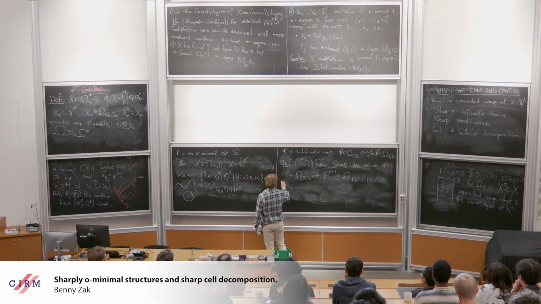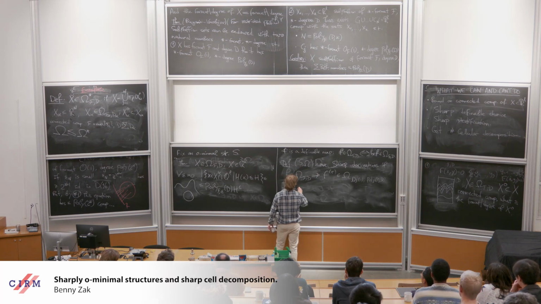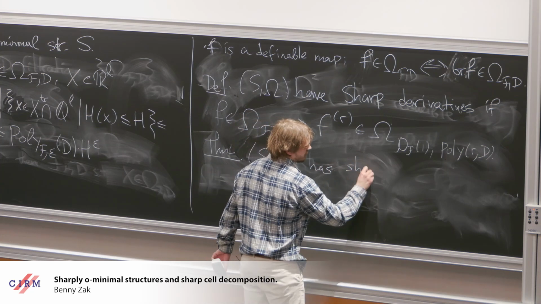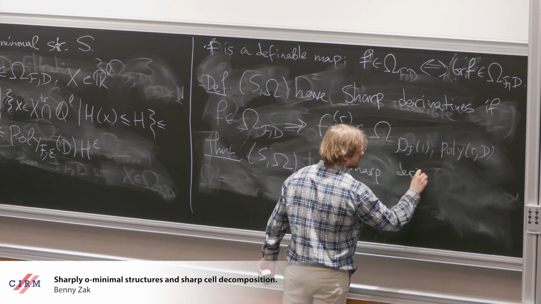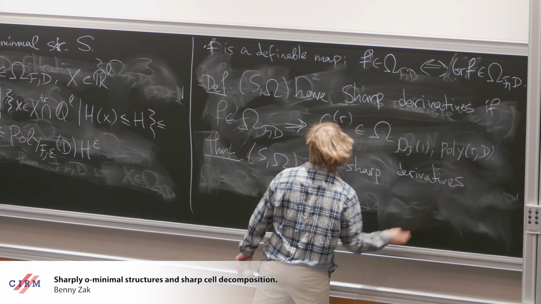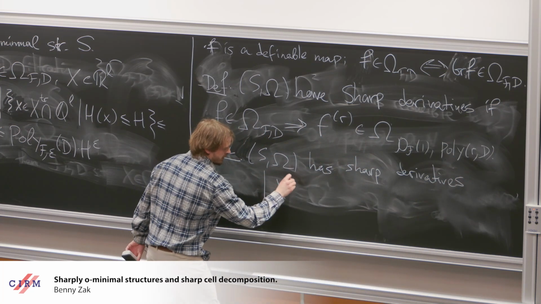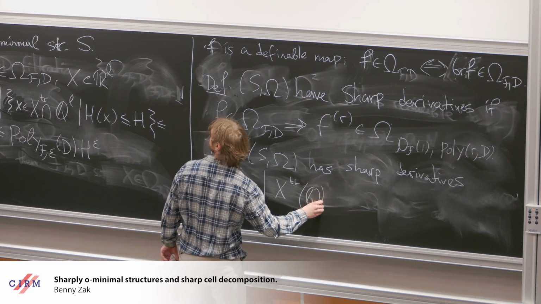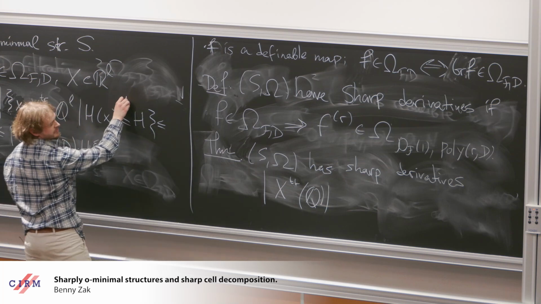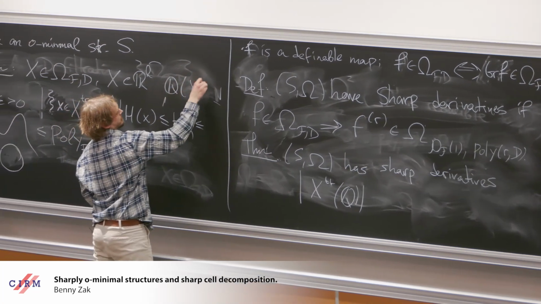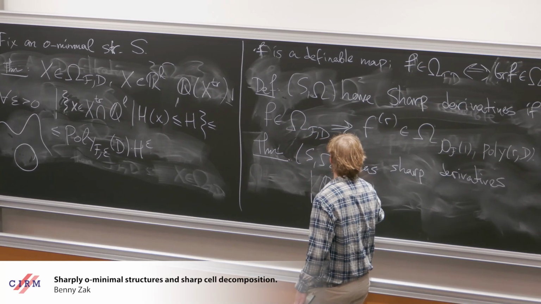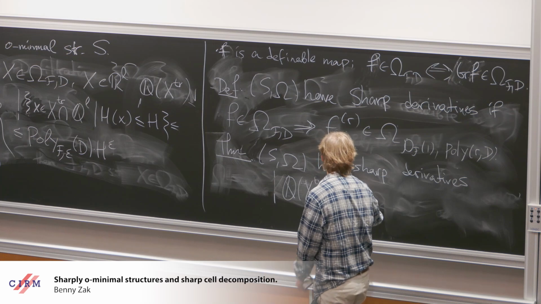And now the theorem is that, yes, if S omega has sharp derivatives, then this kind of subpolynomial growth, this set is denoted Q of X, T R. Yeah, I mean, I wrote it one.